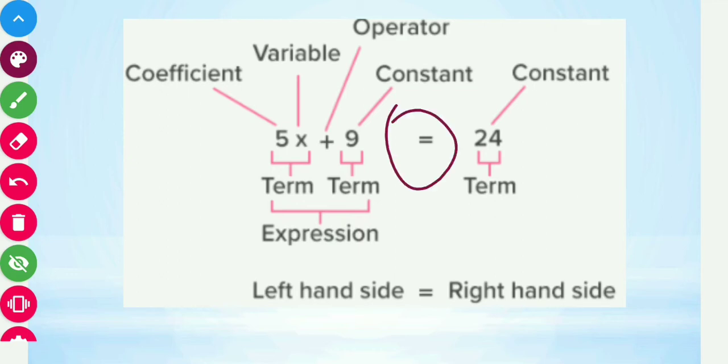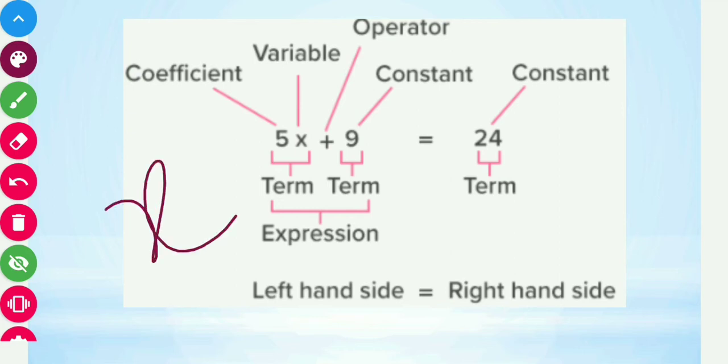So it becomes an equation. The part on the right side of the equal to sign is the right hand side, and the part on the left side is the left hand side. We need a value of x which satisfies the equation. If we keep an x value such that both sides become equal, then x is called a root or solution of the equation.